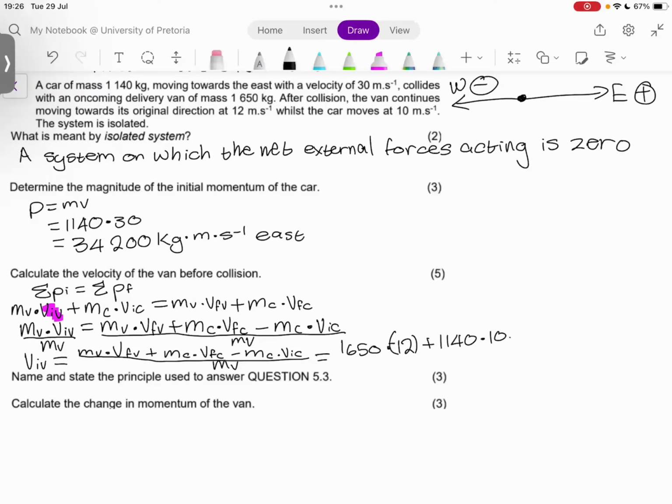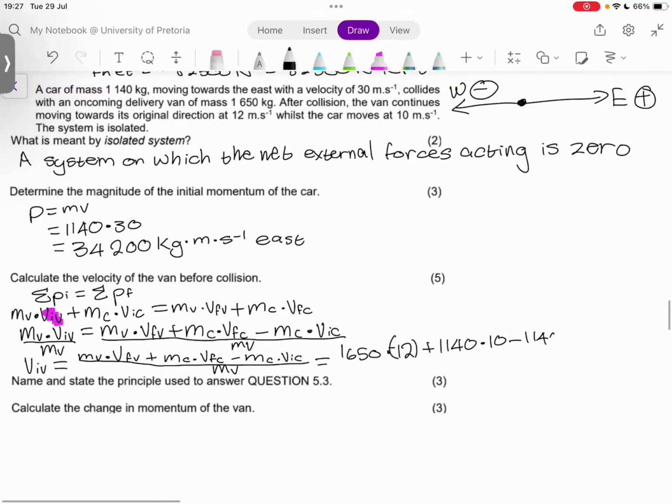And if I substitute in everything else, I then get, so I'll check and make sure I'm substituting things correctly. Yeah. And all of this is divided by the mass of the van, which is 1,650.